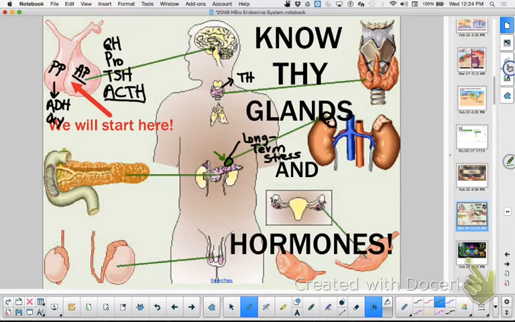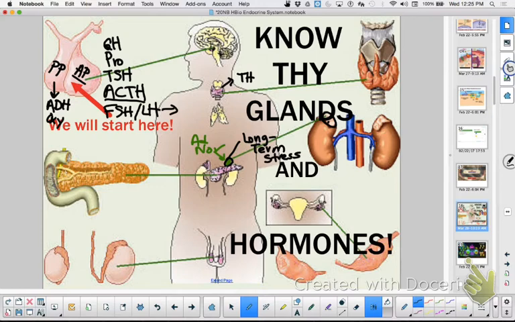Okay, do you remember those? So that's in the immediate part. So that's your adrenaline or epinephrine and noradrenaline. All right, so back up here. Growth hormone, prolactin, thyroid stimulating hormone, adrenocorticotropic hormone. What else is secreted by the anterior pituitary? FSH and LH. And where's the target for those?